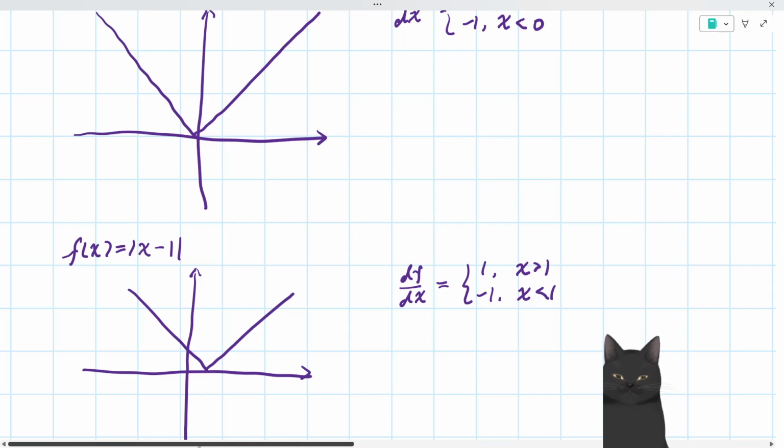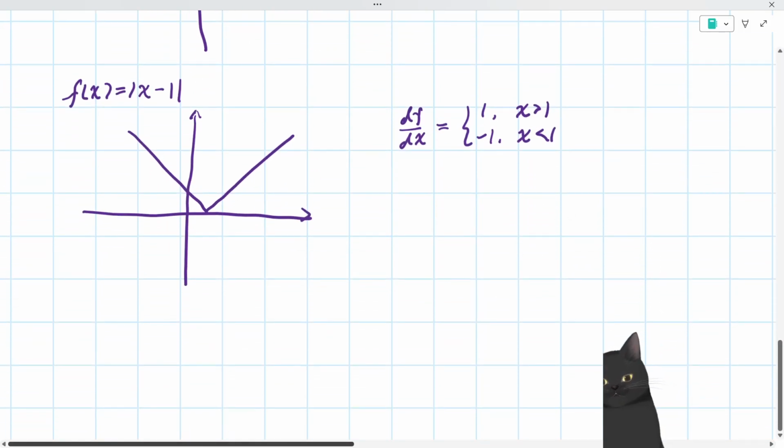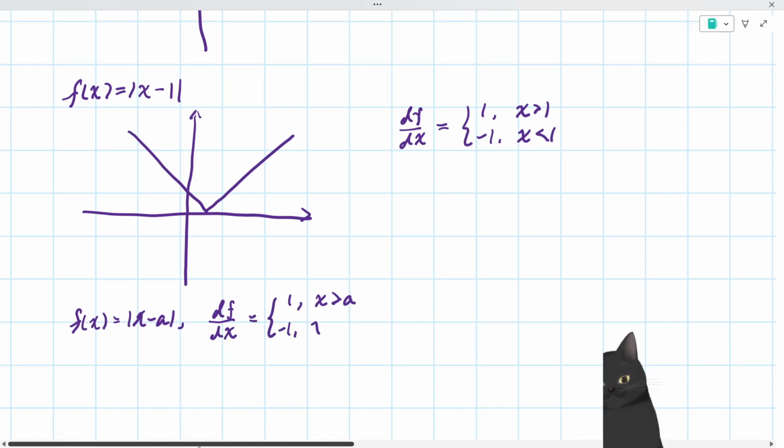So from this we can observe that suppose f of x is equal to the absolute value of x minus a, where a is a scalar, then the derivative is 1 when x is larger than a, and negative 1 when x is less than a.